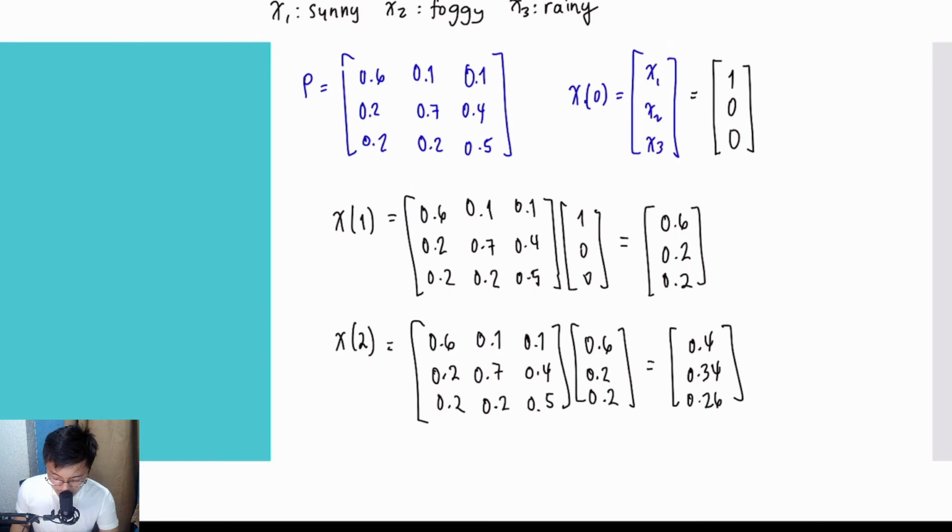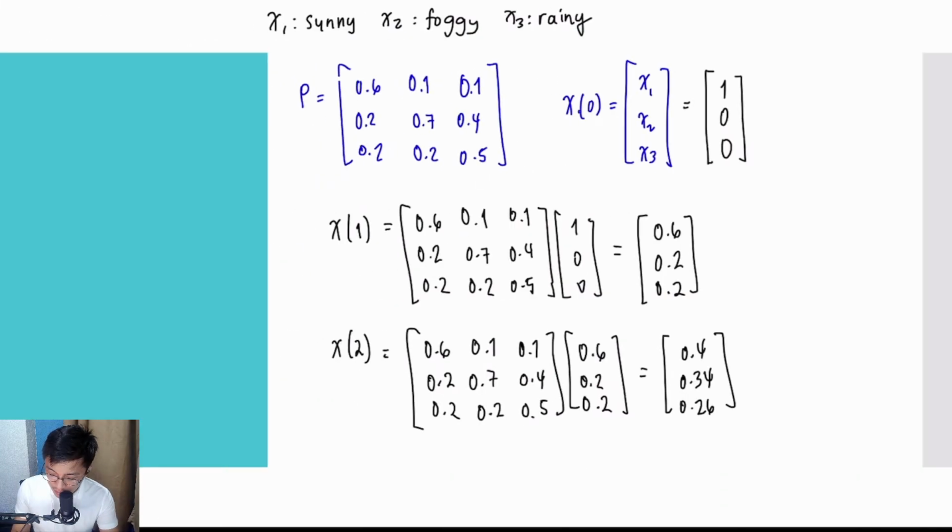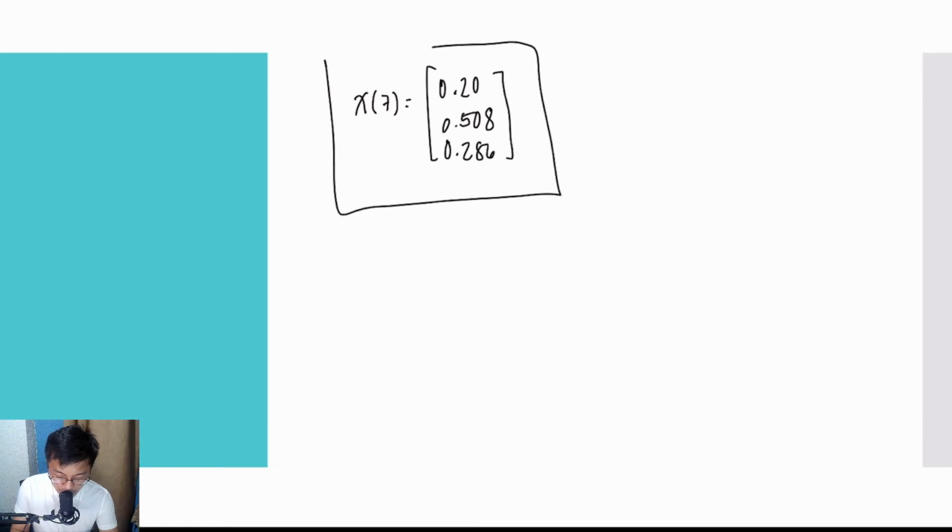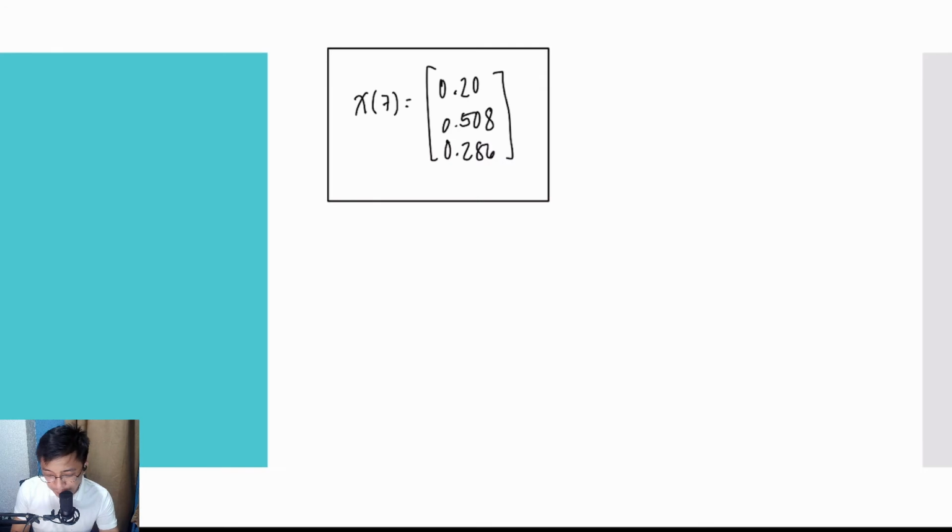Sige. Let's fast forward. So let's just check what x of 7 is, or what is the state vector after a week. So by method of calculation, I got 0.20, 0.508, 0.286. So what does this represent?